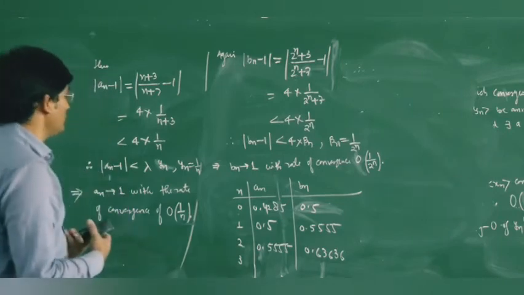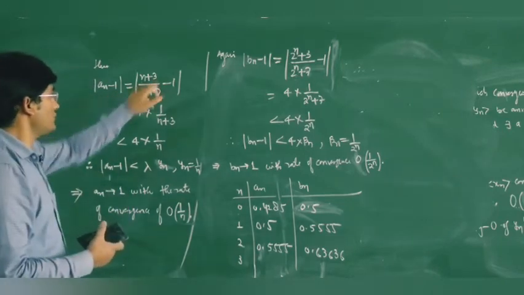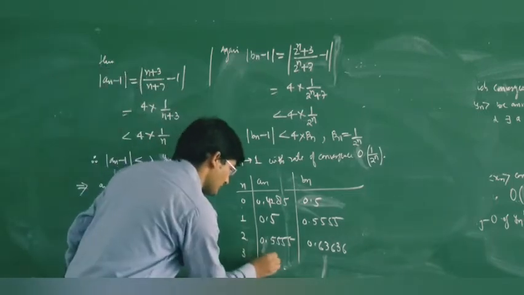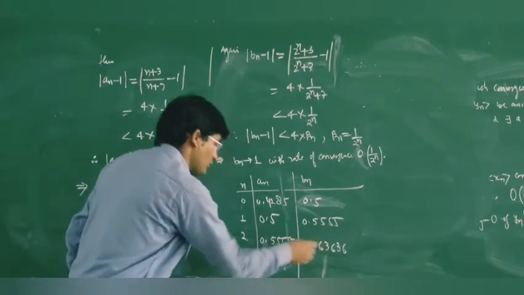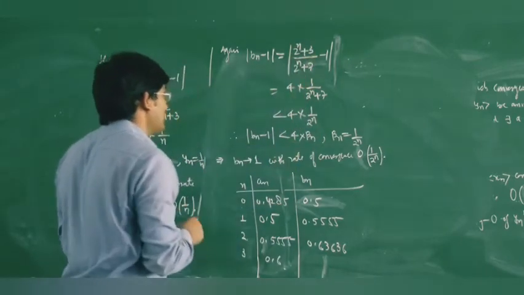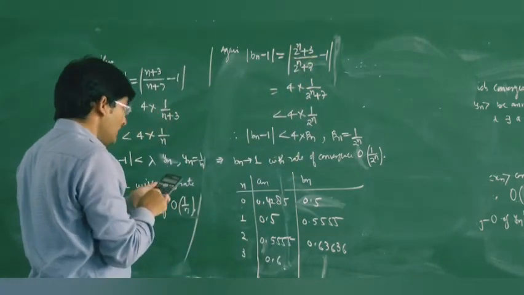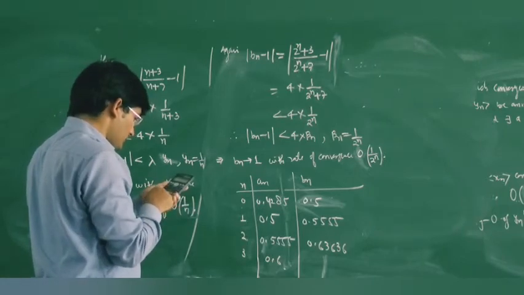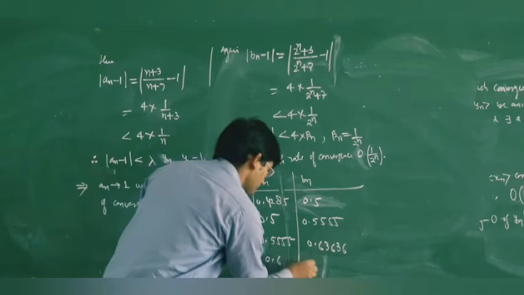If you put n equal to 3, then this is your 6/10. So this is your 0.6. Now at n equal to 3, this will be your 2/3. So this is your 8 plus 3, 11 divided by 8 plus 7. So this is your 15. So this is your 0.7333.